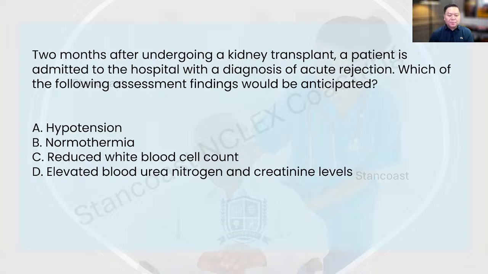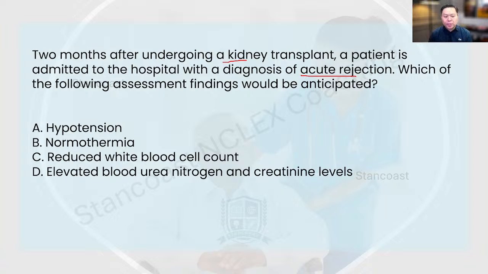Okay, time is up. So let's go through the question and answer. Again, our scenario is about a patient that just had a kidney transplant and there is now an established diagnosis of acute rejection, okay? And this has occurred 2 months after. So I want you to think about the concept that I mentioned yesterday about hyperacute, acute, and also chronic rejection.